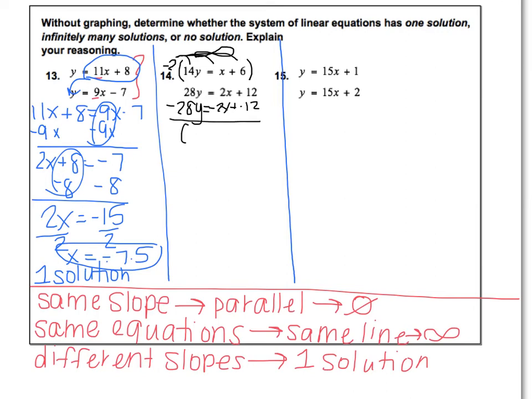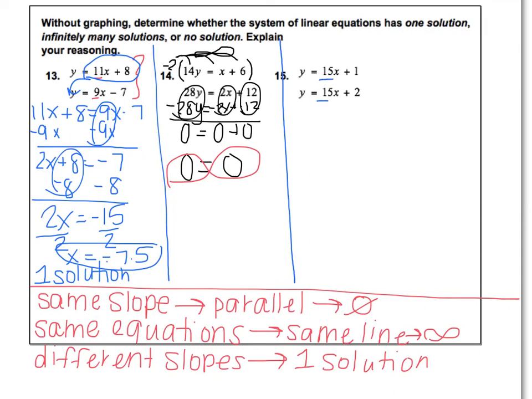That gives me 0 equals 0 plus 0, because everything here is opposites. Everything became the same. When both sides are the same, your answer becomes an infinite number of solutions. That means that they're going to be the exact same line, and every single point on both lines is going to be an intersection.